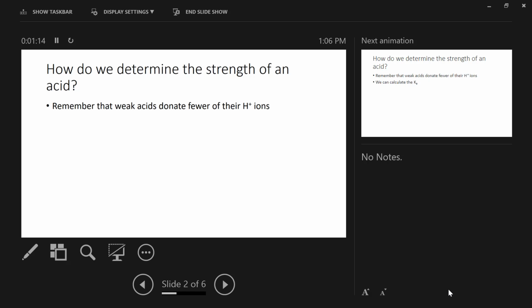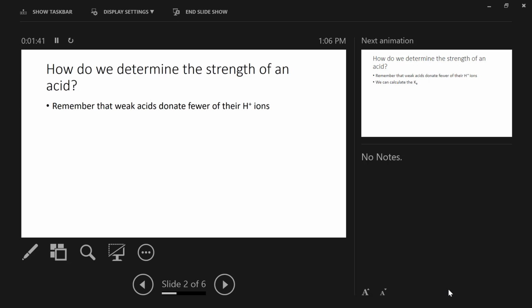Right? This is something we talked about last week. Weak acids donate few of their hydrogen ions. And what this means is this.